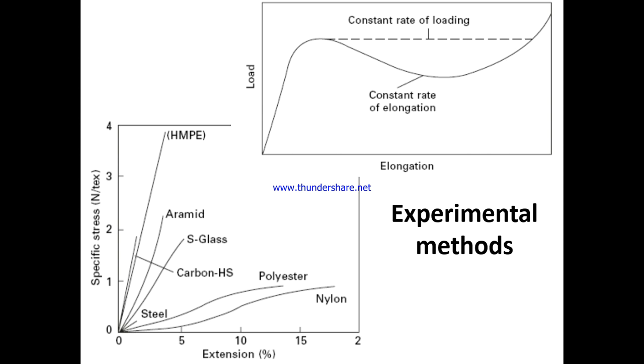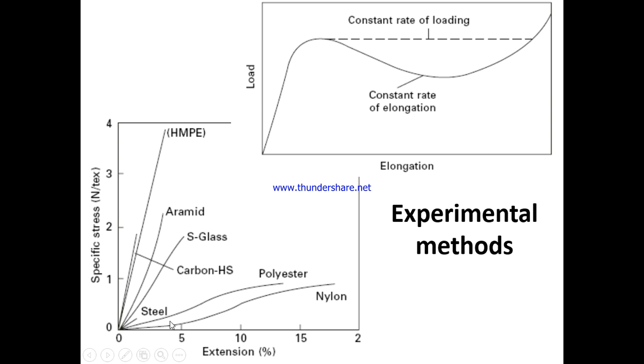Now in this figure we shall observe the specific stress versus extension characteristic of various types of textile fiber. Here you can see nylon, polyester, steel, carbon, S-glass, aramid, high molecular weight polyethylene fiber.